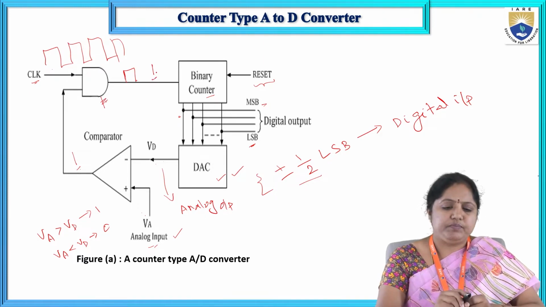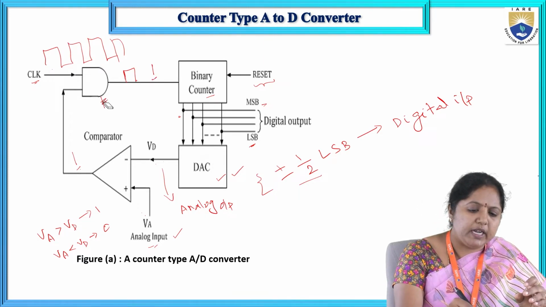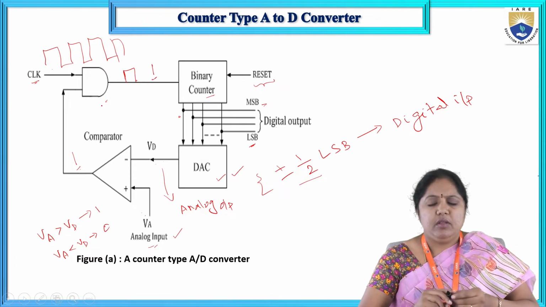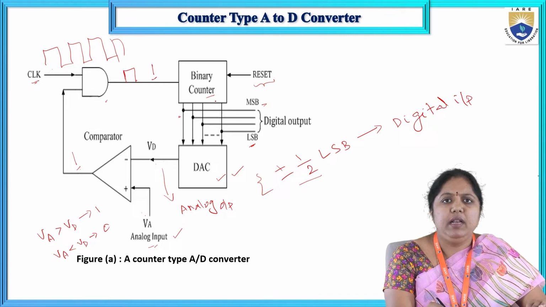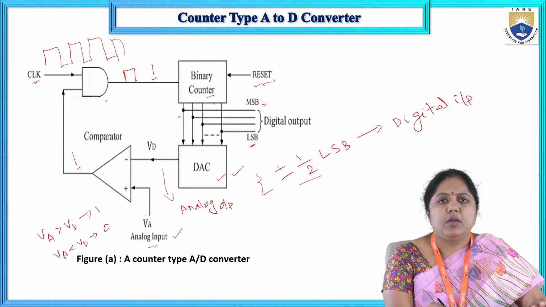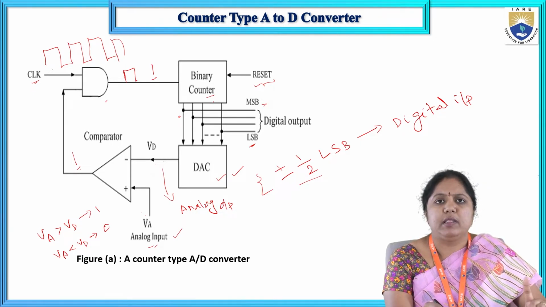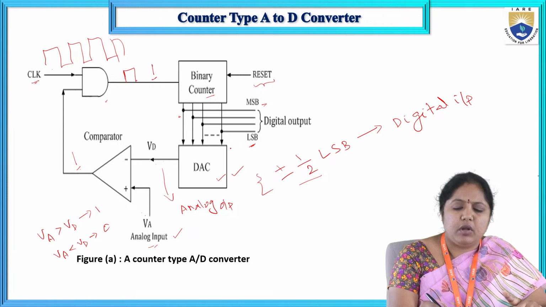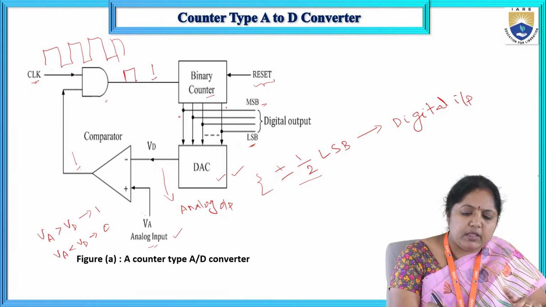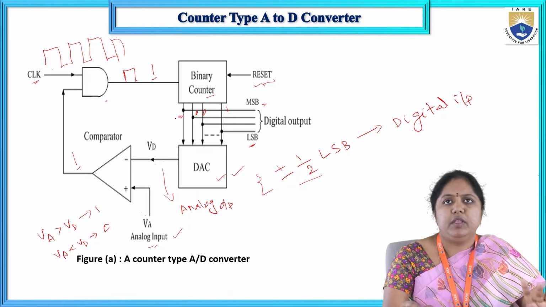So when the output is 1, the binary counter counts the corresponding clock as one clock pulse. After counting the clock, this count goes in as the LSB bit and all the remaining bits are zeros.